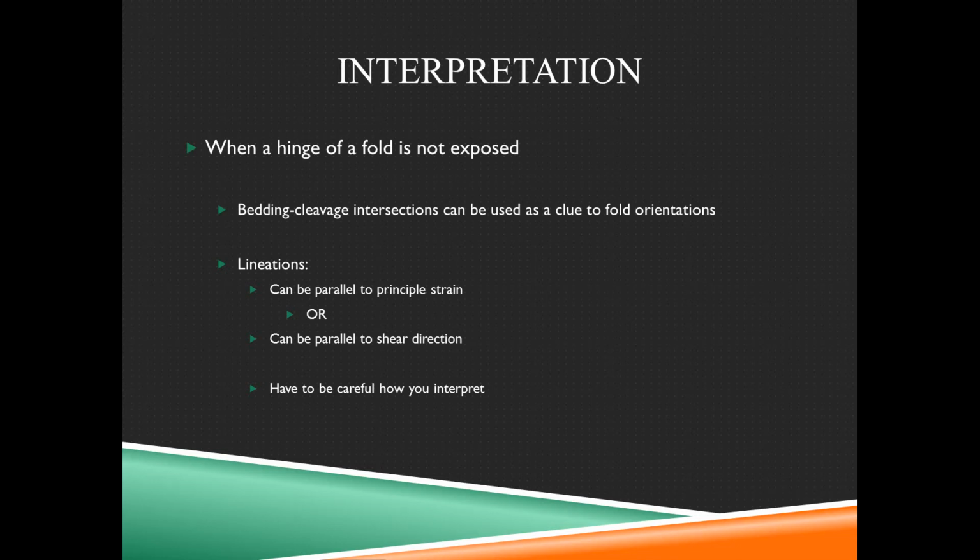If we see what orientation the cleavage is relative to the beds, that'll tell us, oh, hey, the fold is up here and it's in this direction, so we're on the limb of an antiform, or we're on the limb of a synform, and you can tell about it by just looking at the bed orientation and the cleavage orientations.